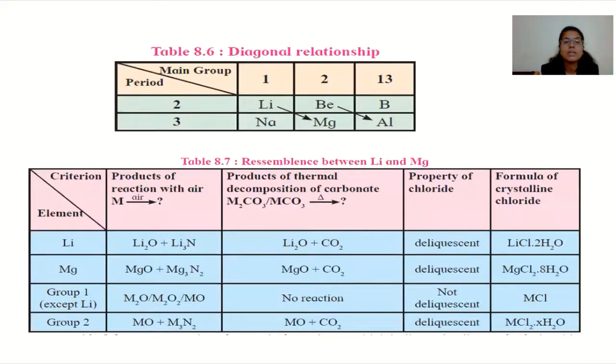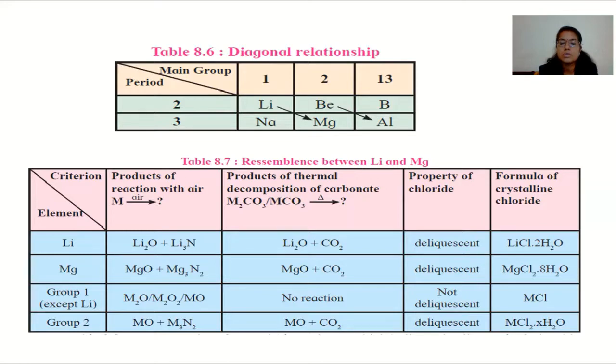Now the next important point is diagonal relationship. We know that it is expected that elements belonging to the same group have similarities and gradation in their properties. The first alkali metal lithium and the first alkaline earth metal beryllium do not fulfill this expectation.